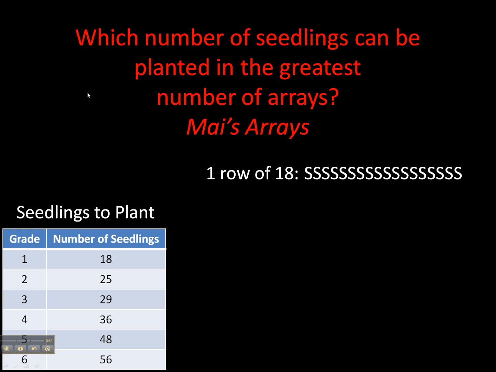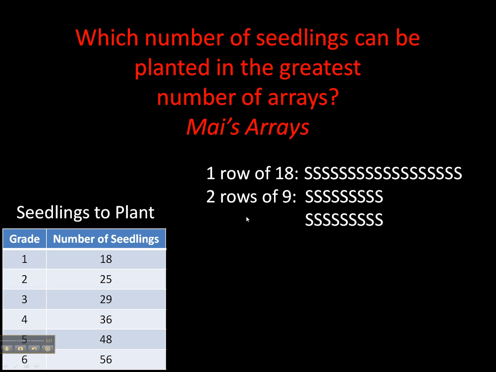Mai takes a shot at it first, and she does one row of 18. Any number of seedlings, you can do one row of whatever number it is. So you can pretty much figure that the factors of these numbers include 1 and the number of seedlings itself.